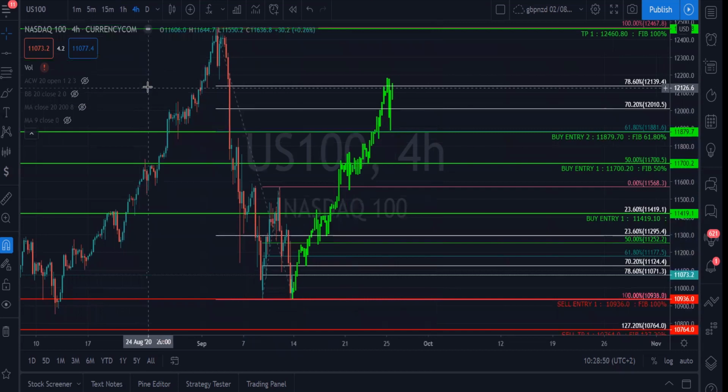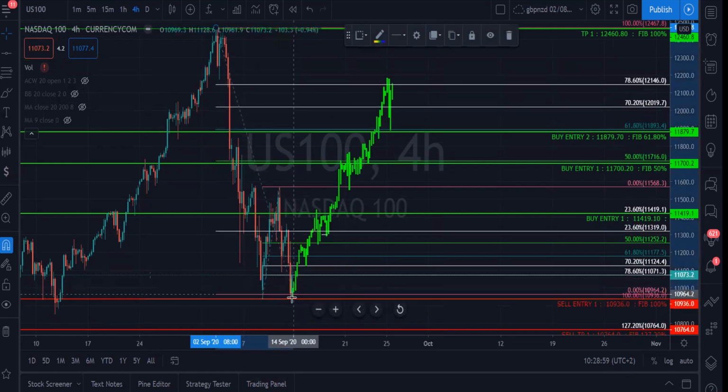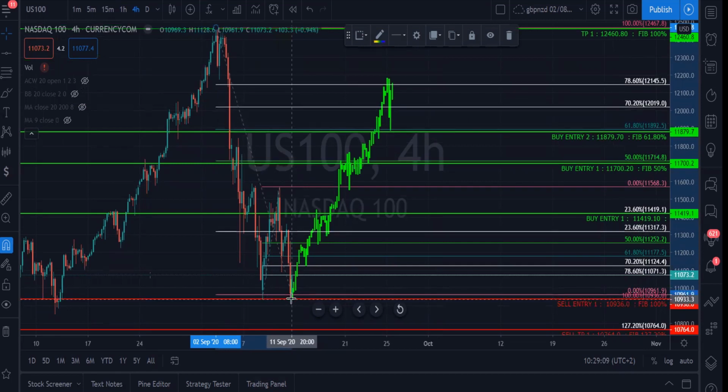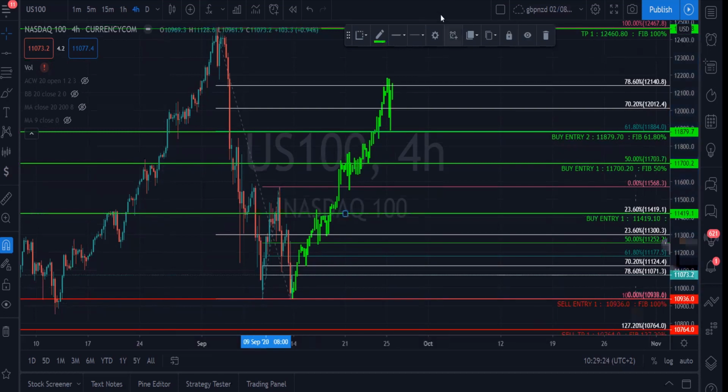I've used an uptrend and a downtrend for working out something. Because the more confirmations you put, the better. 23.6 comes to 11304, let's see, 11300.30. Let's put that. 11300.30. Let's go and edit that.